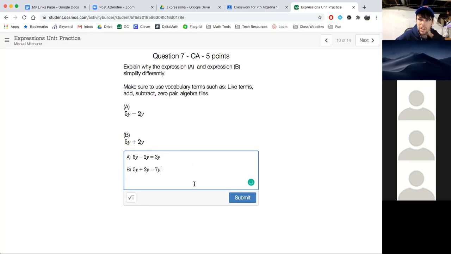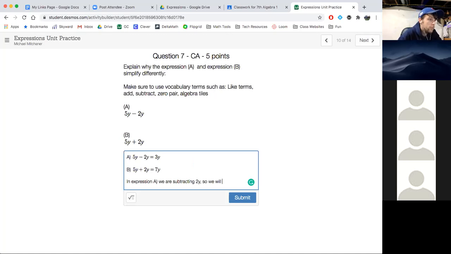With these constructing arguments problems, it doesn't mean you're not solving the problem. It means that you're doing more than solving the problem. You're also explaining it. Okay. Expression A, we are subtracting 2y.